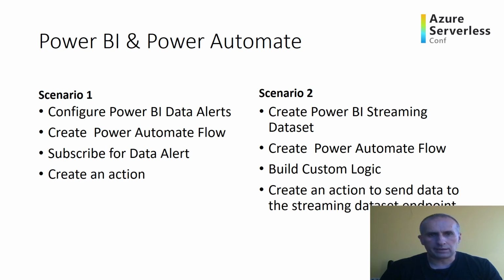For the second one, we can have a similar scenario where the Power Automate flow will have internal custom logic, and based on this logic, it is possible again to send data to Power BI.